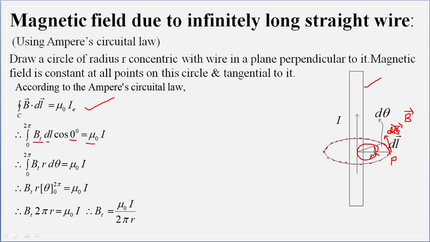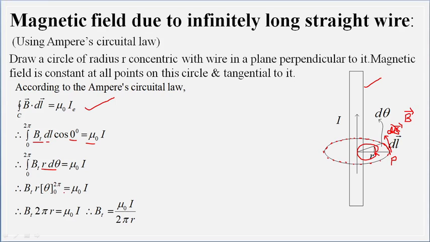So the angle theta goes from 0 to 360 degrees, that means 2 pi. So the limit here is 0 to 2 pi. Then dl equals r d theta, since s equals r theta. Then B and r come out as constants. The integral of d theta is theta, with 2 pi as the upper limit and 0 as the lower limit.